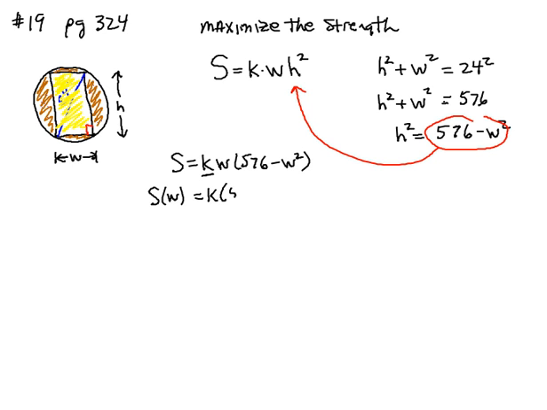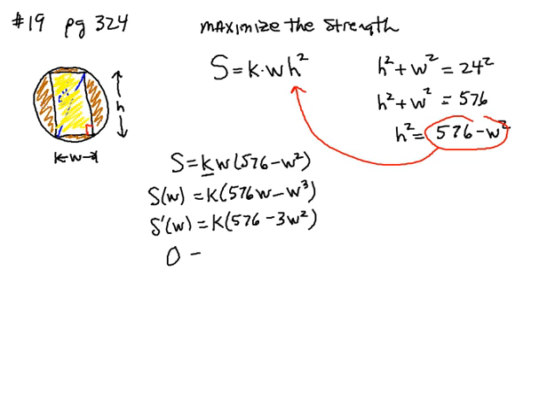I'm going to multiply that w into the parentheses there. 576w minus w cubed. Now, to maximize the strength, we'll see if there are any critical points. So the derivative is 576 minus 3w squared.